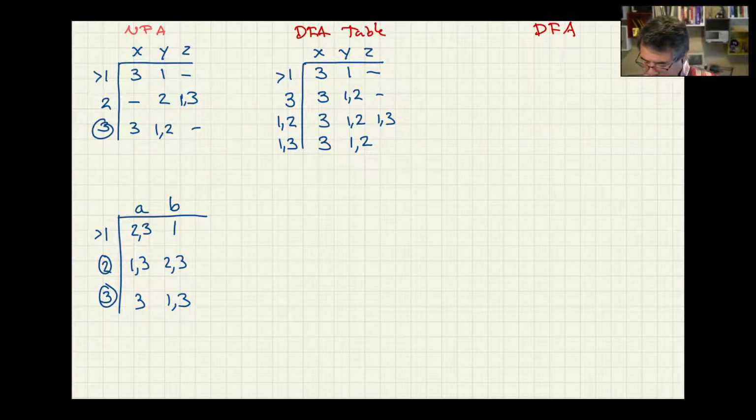And then on a Z, 1 and 3 on a Z, nowhere. Oops, I don't know why I wrote 1 and 3 there. Should be nowhere.